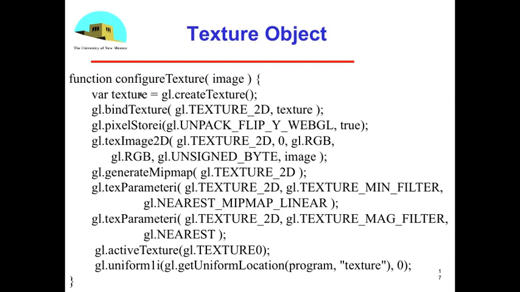Here's setting a texture object. I tend to put these things in separate functions so the code is a little cleaner. So we do a function called configureTexture that incorporates most of this stuff within it.